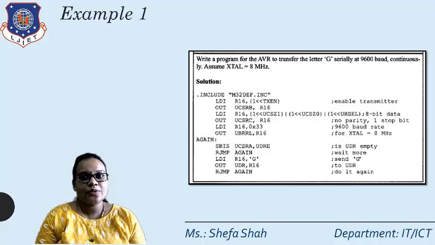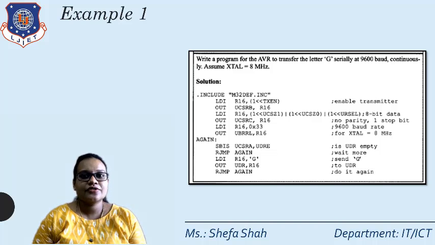For crystal frequency 8 megahertz and 9600 baud rate, the hexadecimal value which we got from the previous example in the last session is 33. So we will load 0x33 into UBRR with the help of again LDI and OUT instructions.